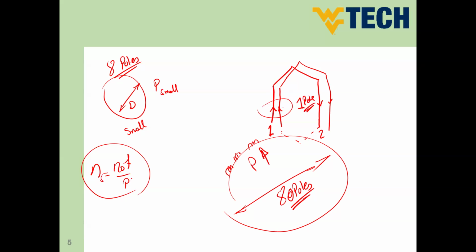So the speed of the magnetic field and the speed of the machine is 120 times supply frequency divided by number of poles. If the number of poles is small, like what we have in the cylindrical type, in this case we expect Ns to be a high number. But if the number of poles is very high, like 80 poles, we expect the speed in the salient type to be small.